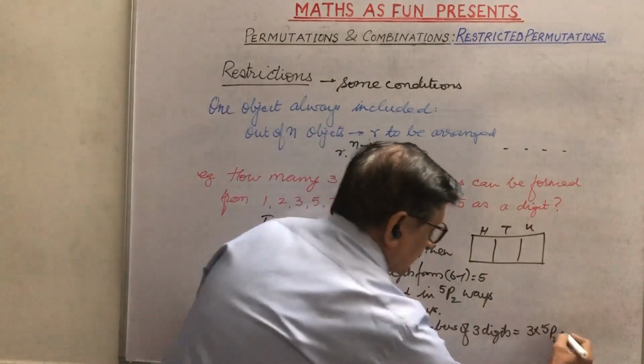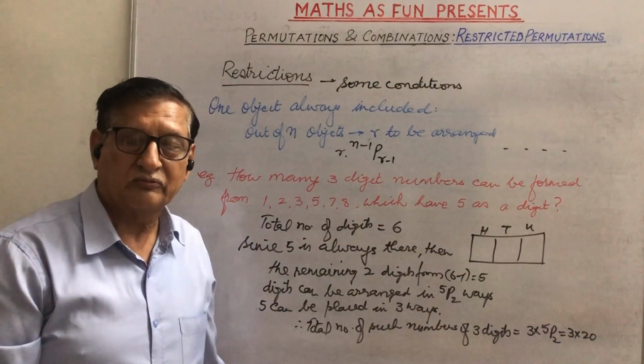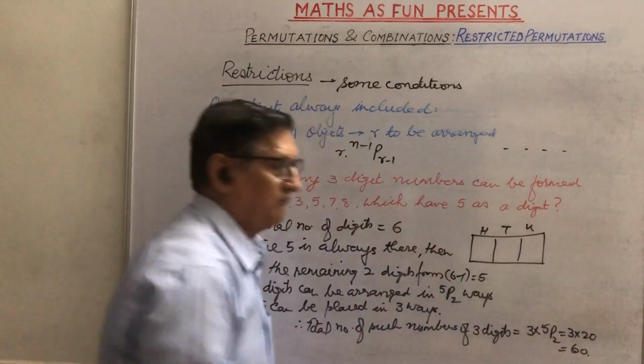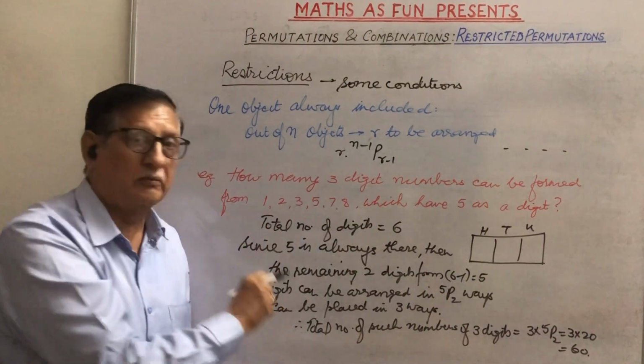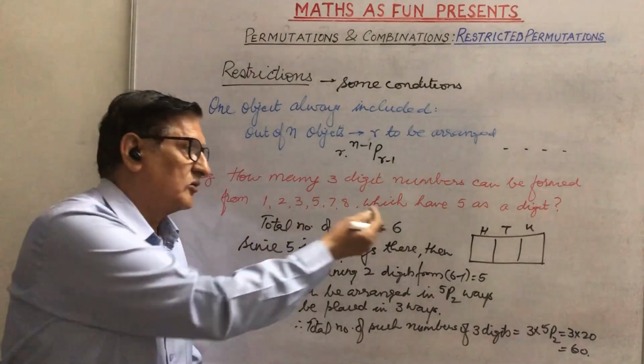That is 3 into 20, because we know 5P2 is 5 into 4, which is 20. 3 into 20 is 60. It means 60 different numbers of 3 digits can be formed, which always have 5 at any of the places.